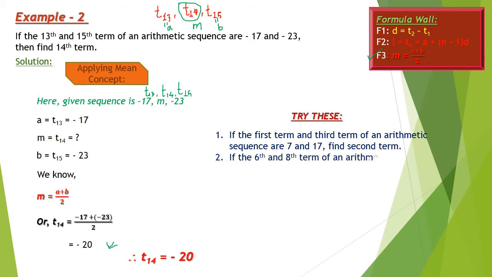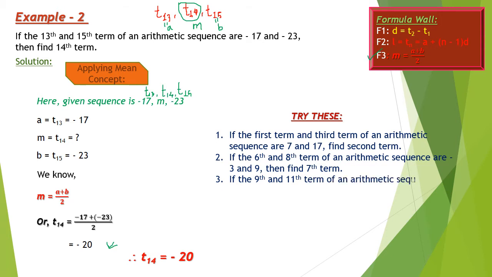If ninth and 11th terms are given, the 10th term is the arithmetic mean between them. In question number 3, the 10th term will be the arithmetic mean between the 9th term and 11th term. So apply the mean concept, you can easily find the answer of all these questions. And this concludes our example 2.